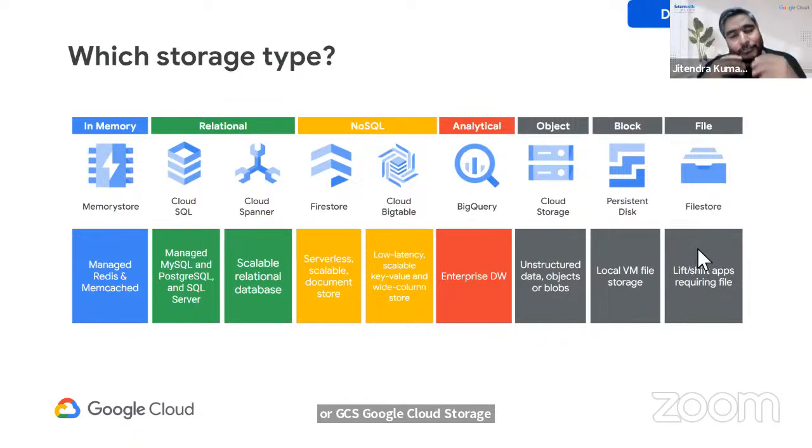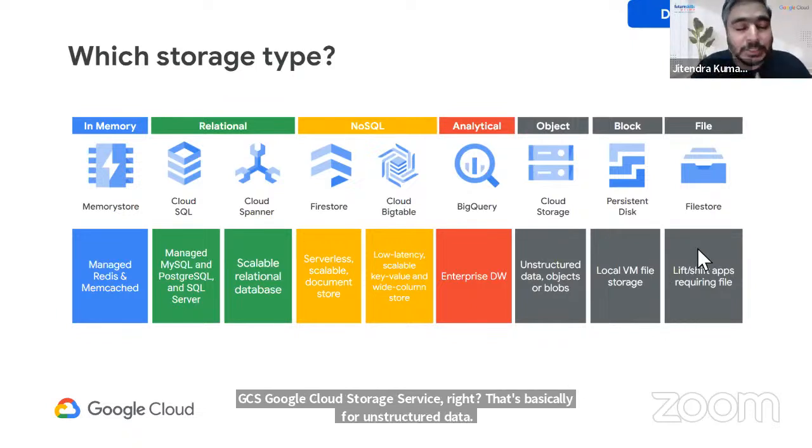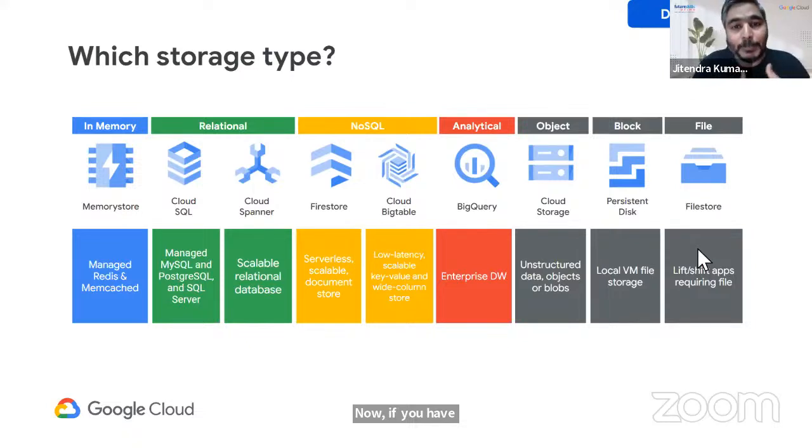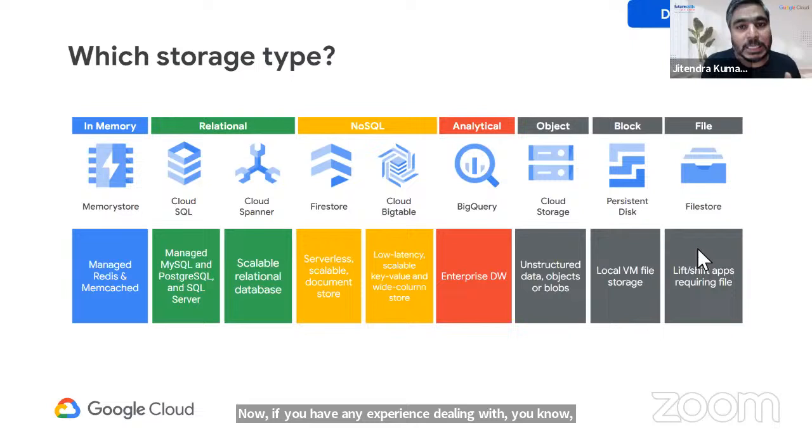Now, if you have any experience dealing with on-prem storage where you had block storage or file storage coming from the likes of NetApp, EMC, Hitachi and IBM, similarly in Google Cloud, we have block storage, which is nothing but persistent disks.